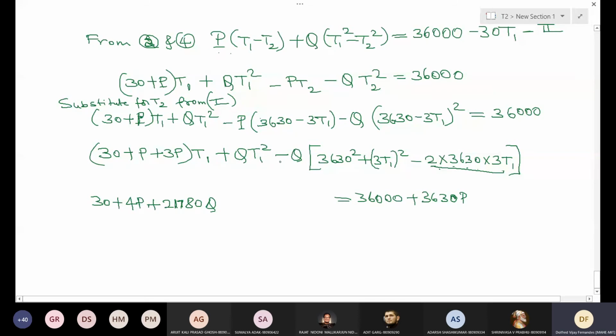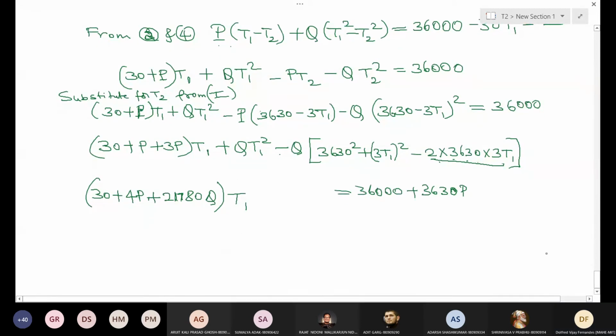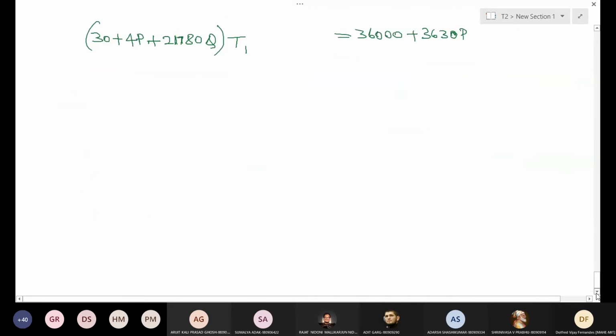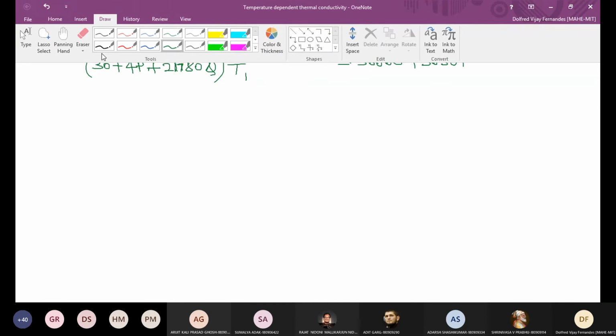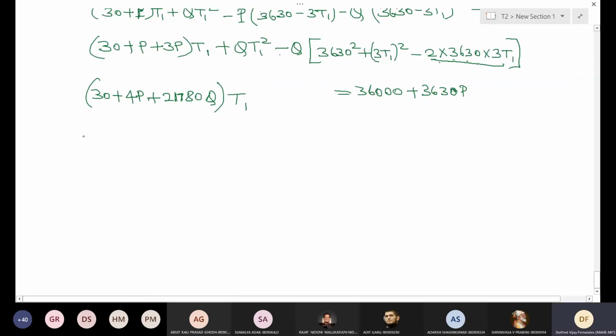Here you can see that this is minus sign, this is minus, so it will be plus, into T1. So that is 30 plus 4P plus 21780 Q into T1.